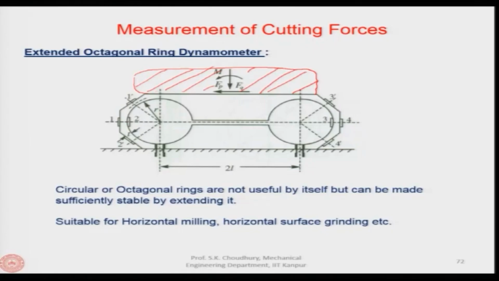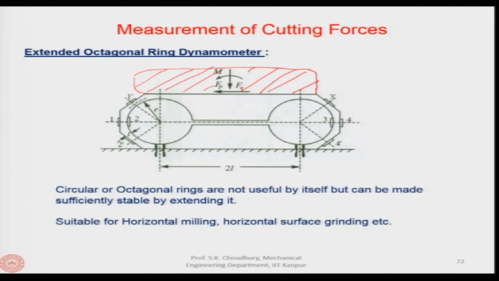We have the sensors 1, 2, 3, 4. These are the sensors which will sense the thrust force, here it is Fp, and 1 prime, 2 prime, 3 prime and 4 prime will sense the tangential force, let us say Fq here.